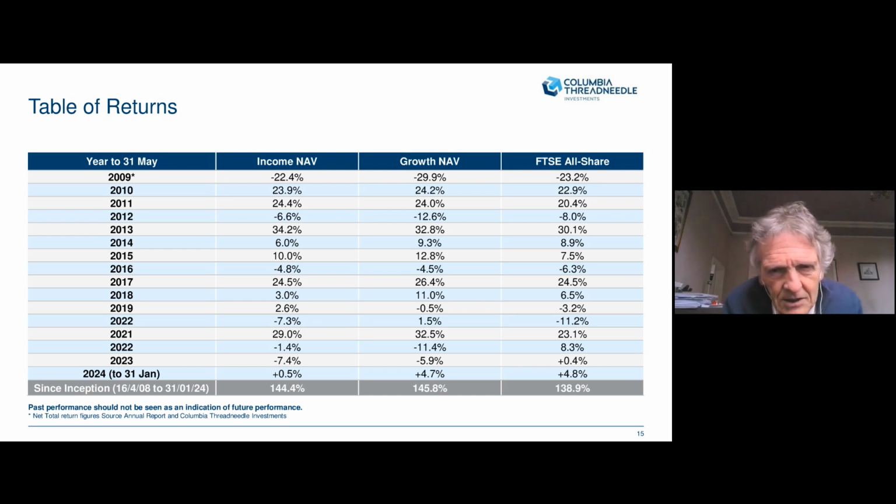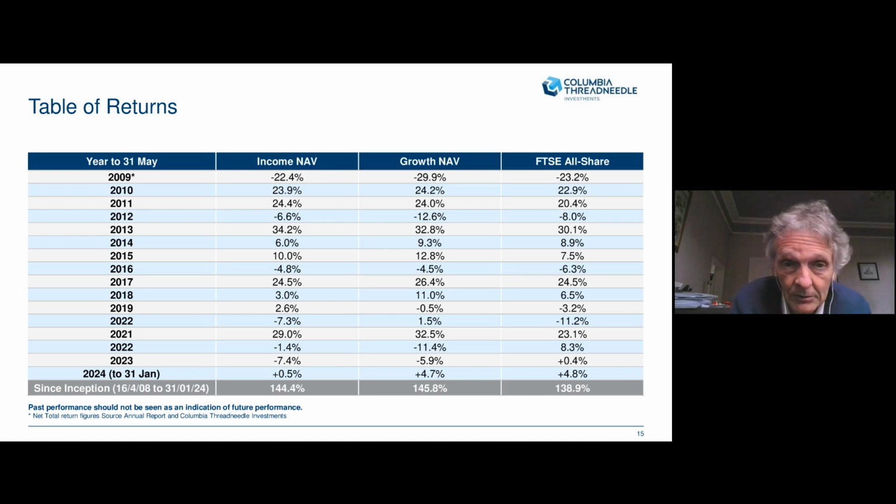If you start in 2013 and look at the all-share index, and then keep running your eyes down, for 9 consecutive years the growth portfolio beat the all-share index. The year to May 2022, it was almost 20 points behind, and another 6 points behind in 2023. And that's where this de-rating, the widening of discounts of investment companies more widely, affected performance.